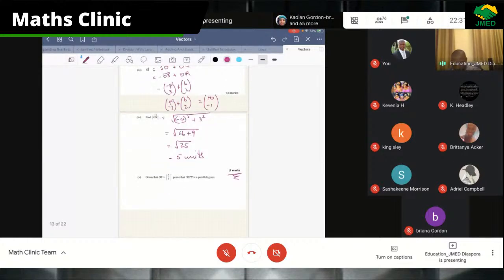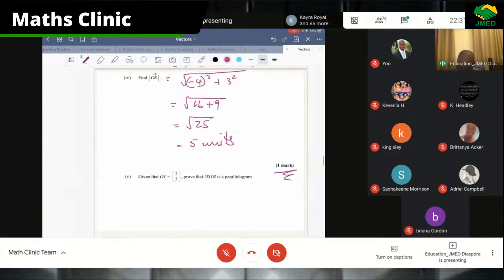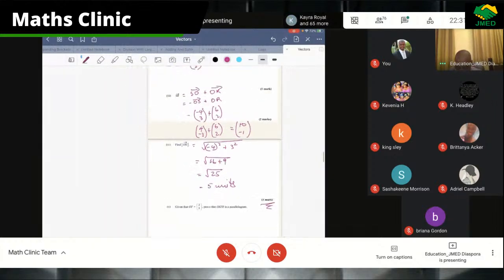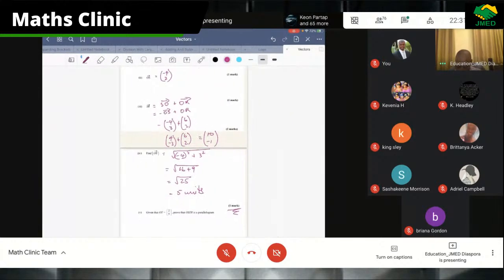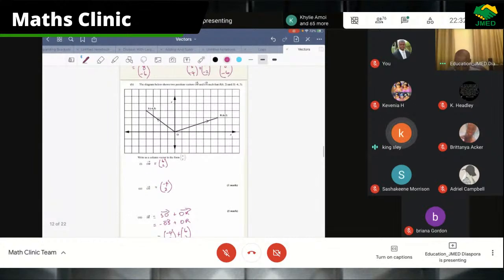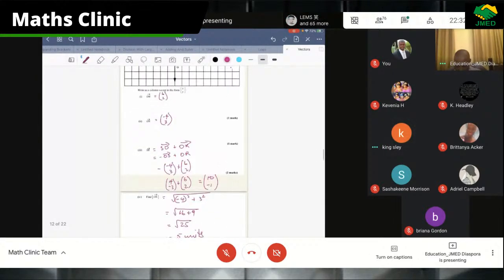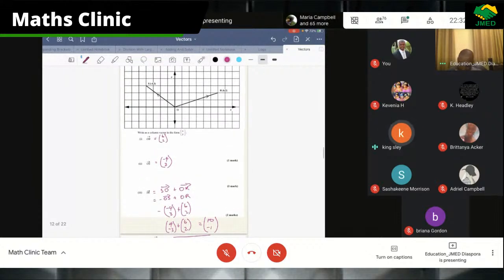It says, given that OT is that, prove that they are parallelogram. How would you prove that they are parallelogram? How can you prove that? There would be scalar multiples, they'd be going on the same line, sir.